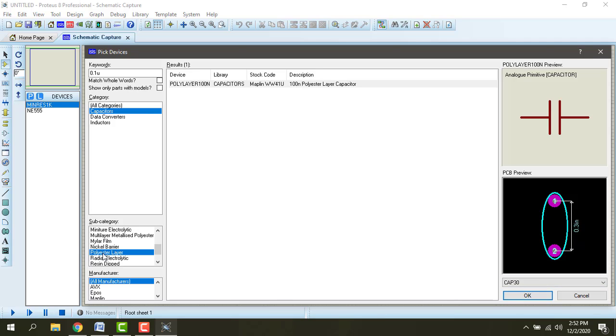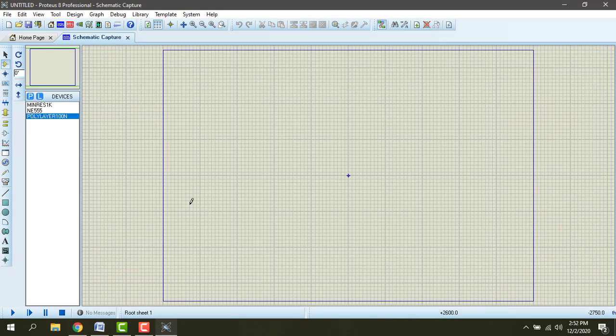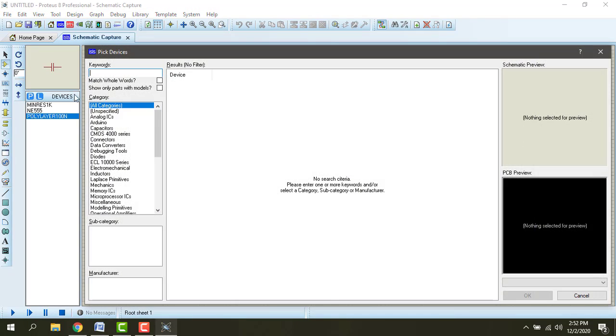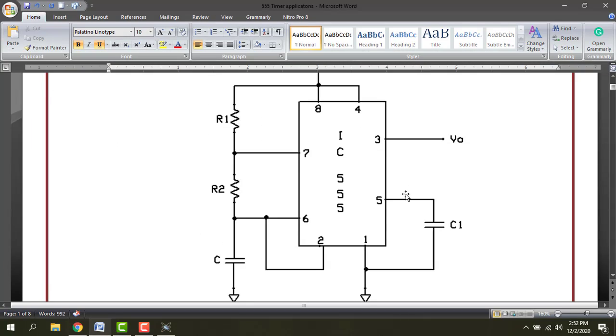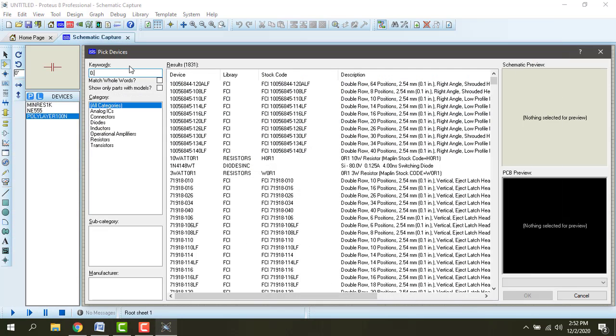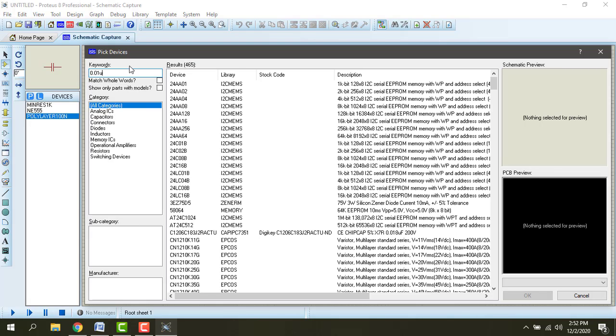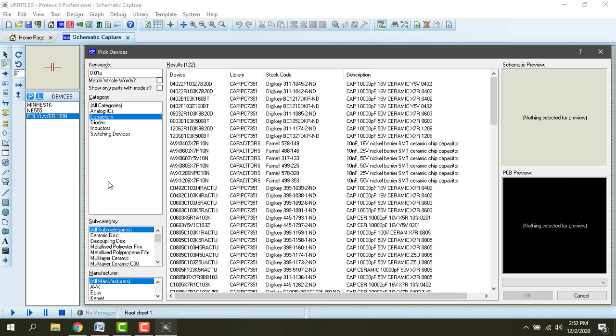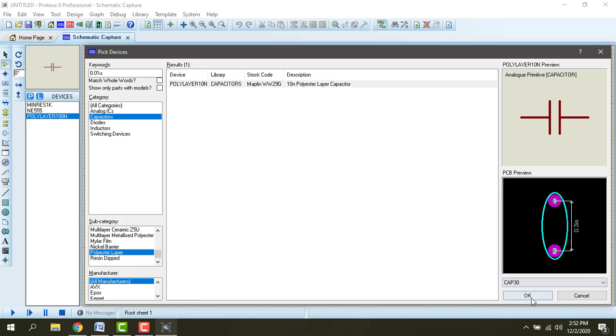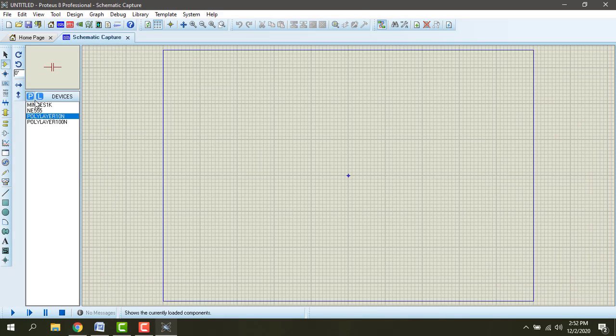Capacitor subcategory polyester layer I choose. Then the next component is 0.01 in between, that is pin number 1 and 5. 0.01 microfarad. So the same capacitor, same polyester layer. Okay. Then I'm going to connect a battery.